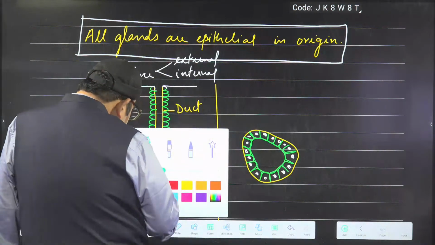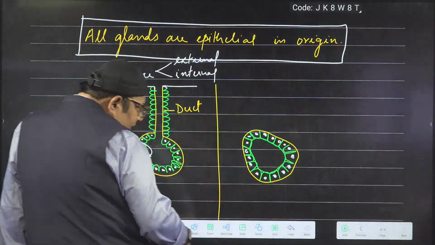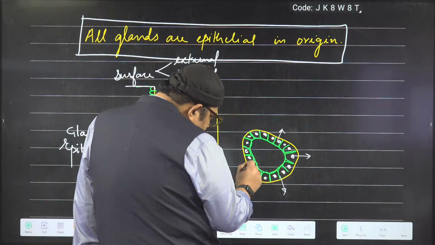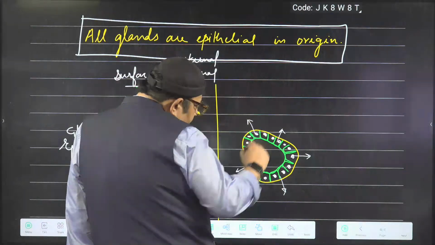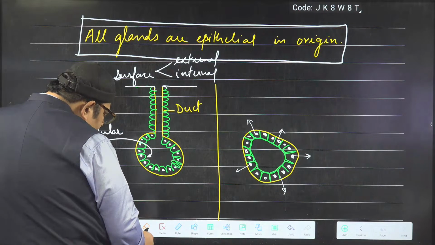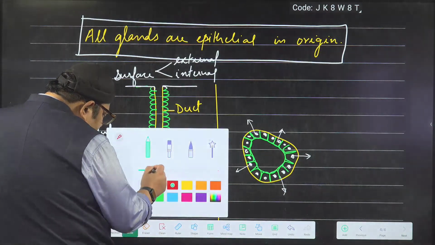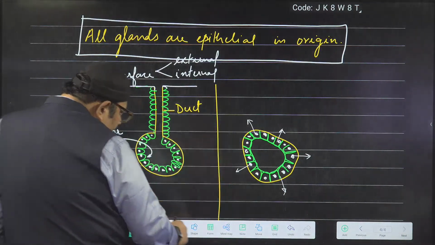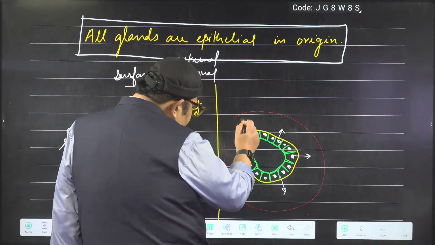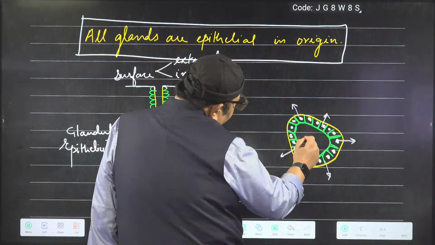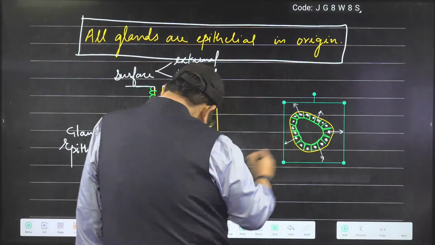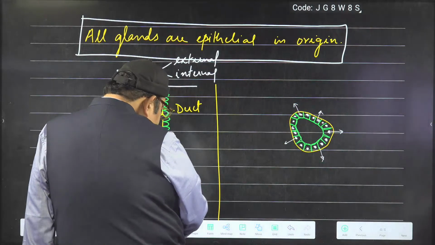For example, you can see in this arrangement, this is the gland. And adjoining, there are blood capillaries. I'll show the blood capillaries also. I can bring it somewhat here and make it a little smaller. This is a gland. I can make the blood capillaries.